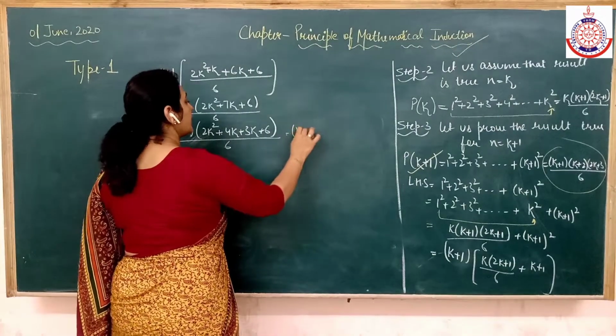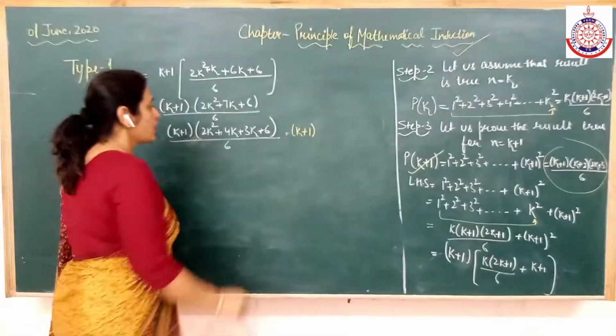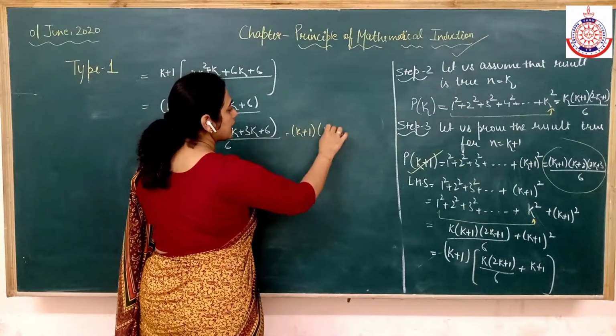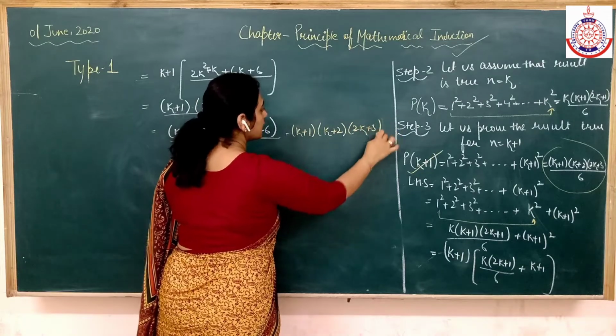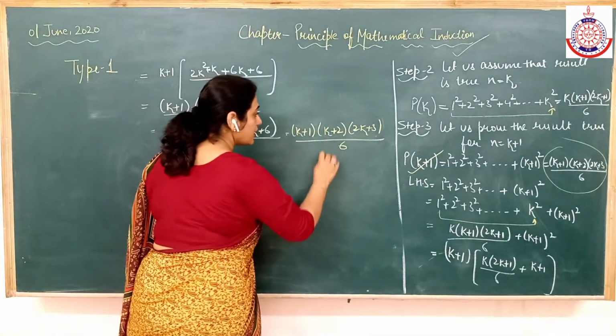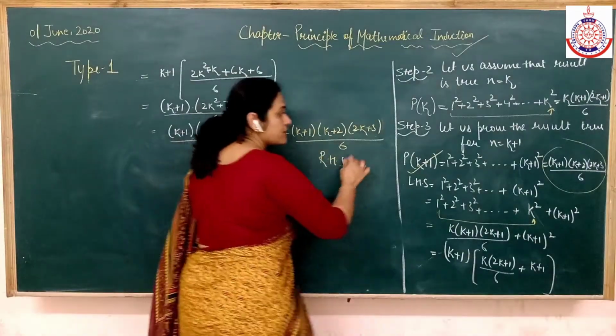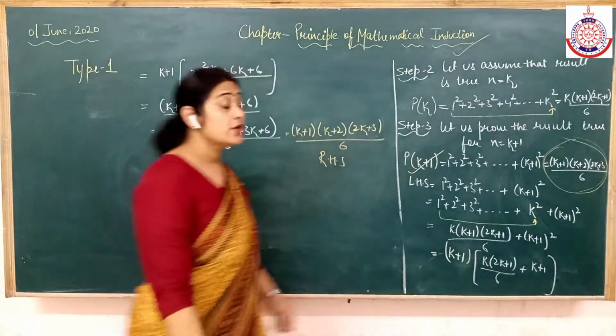Now, if I just take common, the grown-up children, you know how to take common all this. So it's become k plus 2 and the next factor is 2k plus 3 by 6. This is my right hand side. That's what I wanted. That's my right hand side.